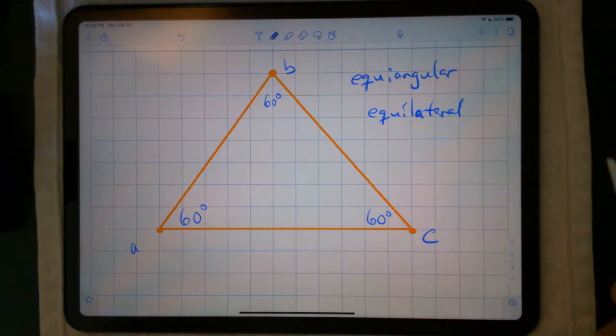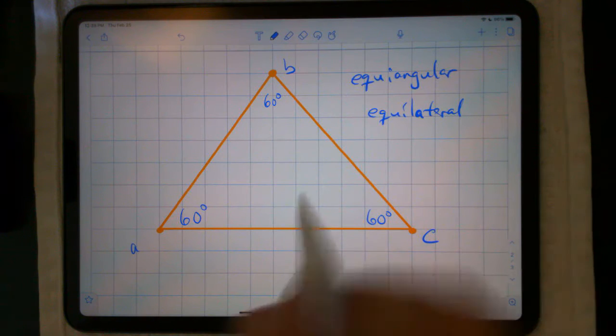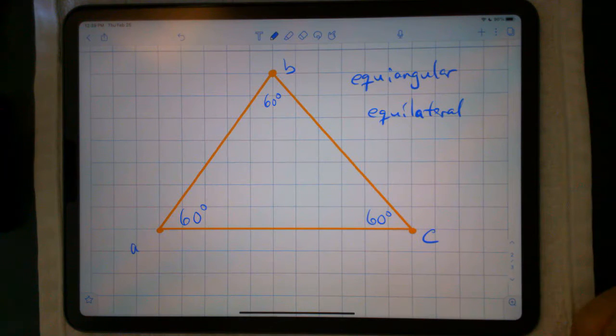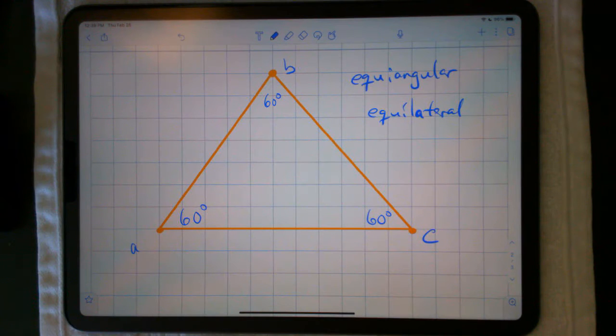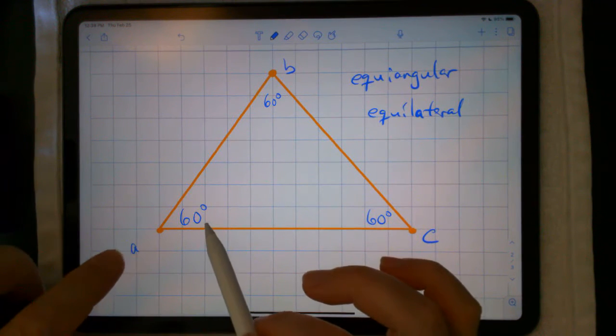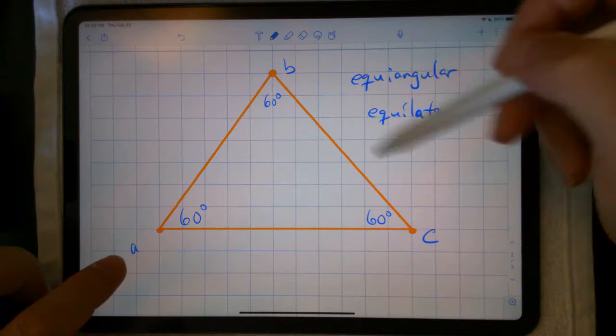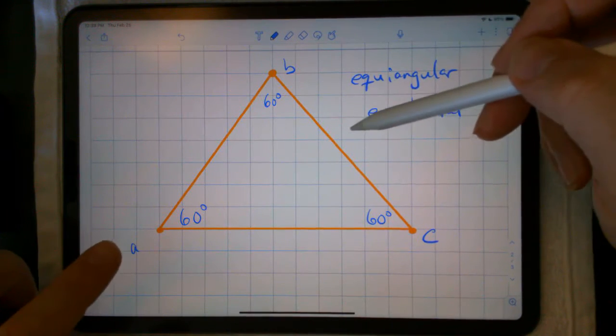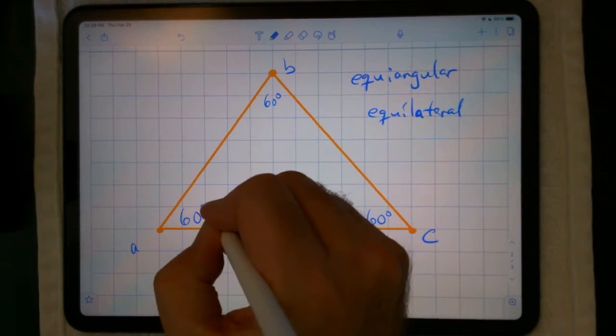And so if we had this situation, how triangles are labeled is that if this is angle A, then this would be side A with a capital.